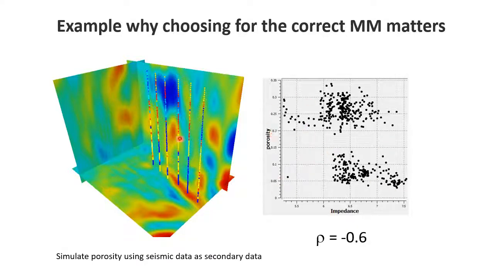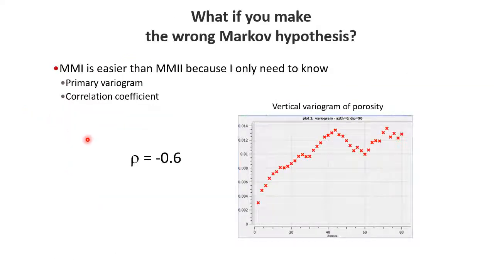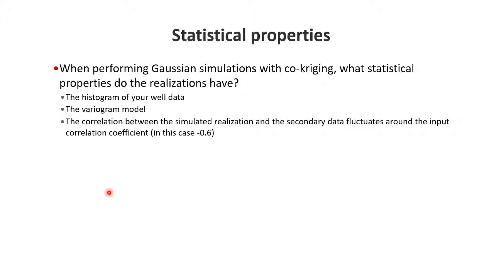In this case you actually have two facies, but that doesn't really matter that much for what I'm trying to show. You get a certain correlation coefficient, which is minus 0.67. So now you say, well, I'd like to do Markov Model 1, but in reality, of course, Markov Model 2 applies. What's going to happen if you use Markov Model 1 is you're going to model the primary variogram, you have a correlation coefficient, and you're going to go ahead and do simulation.